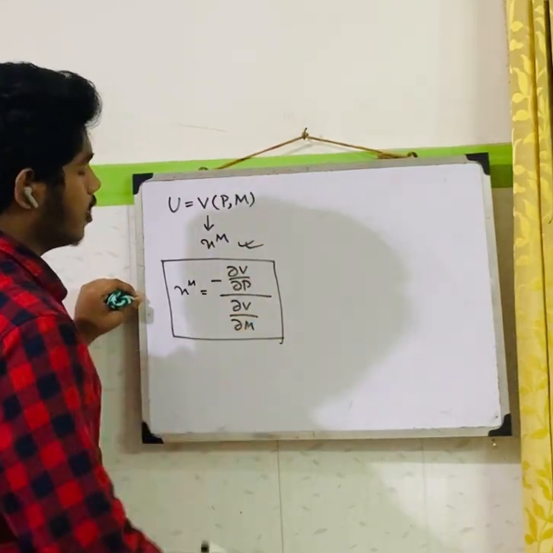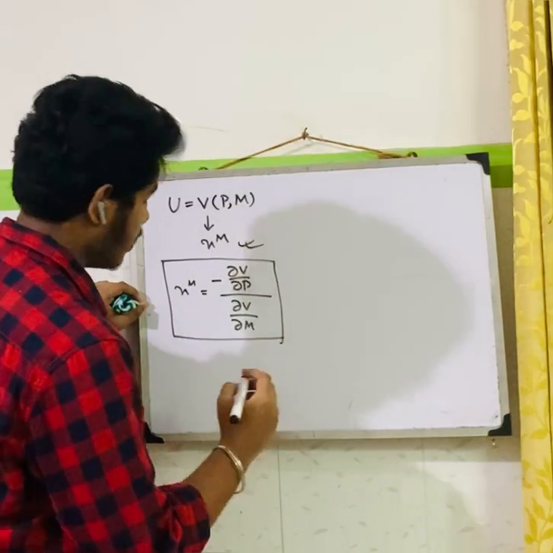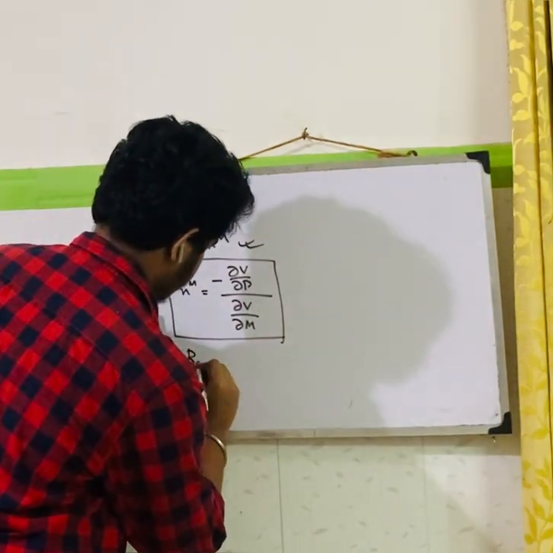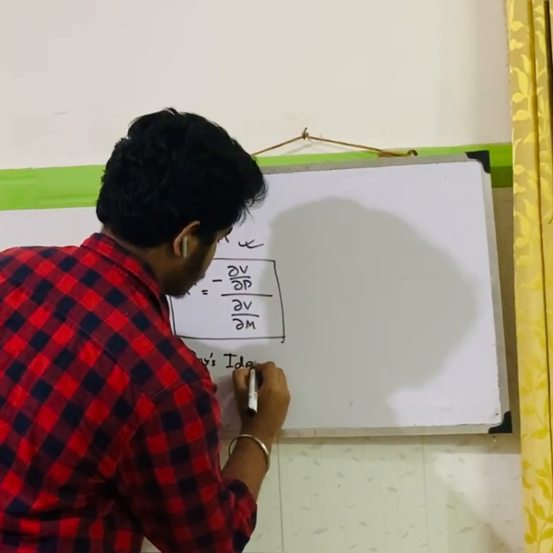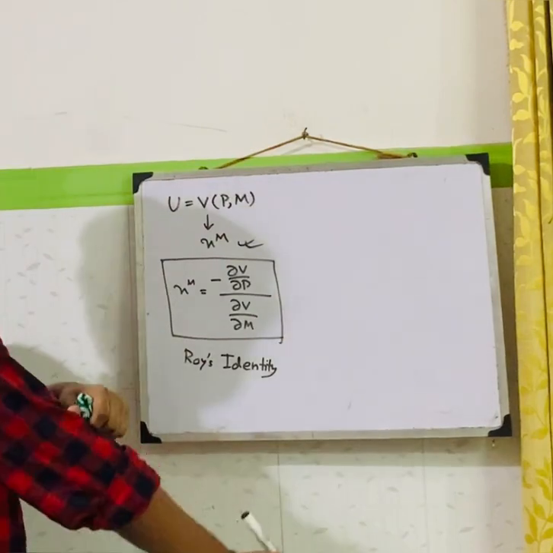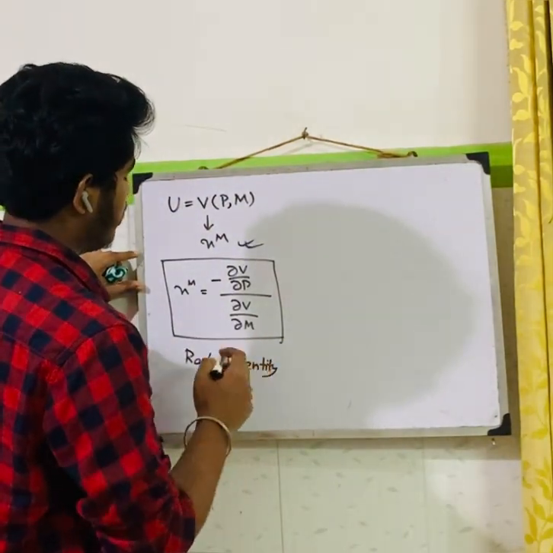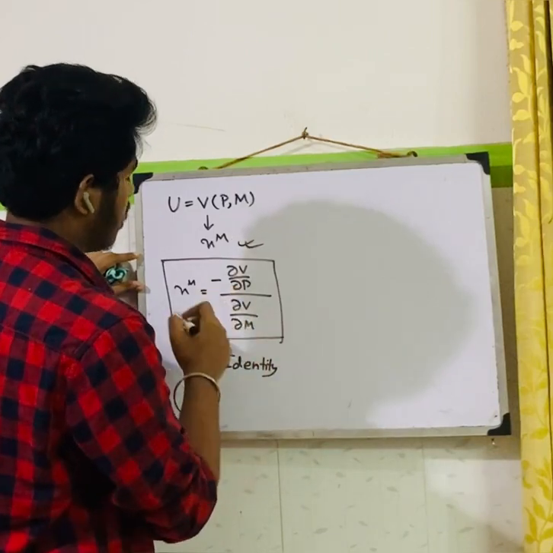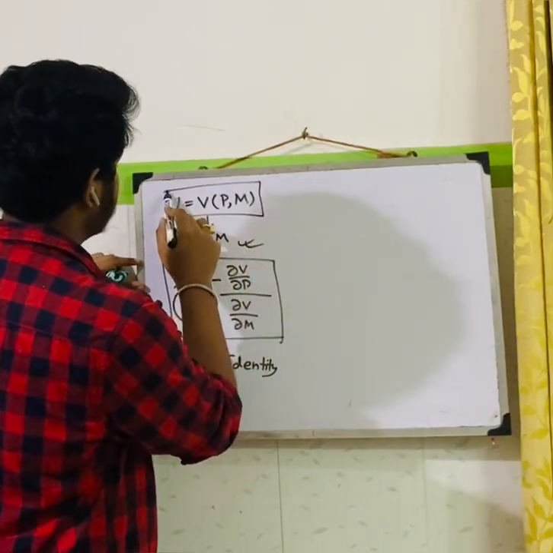So I hope you guys know what this is. This is Roy's identity. So by Roy's identity we have to find our Marshallian demand from indirect utility function.